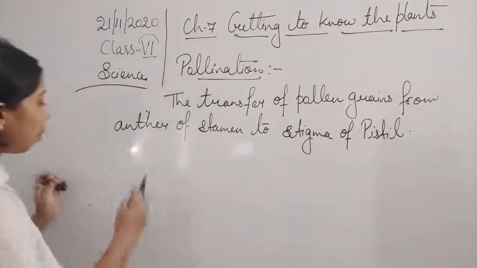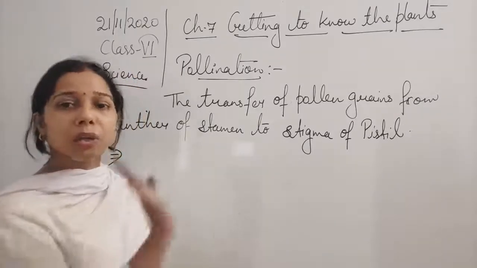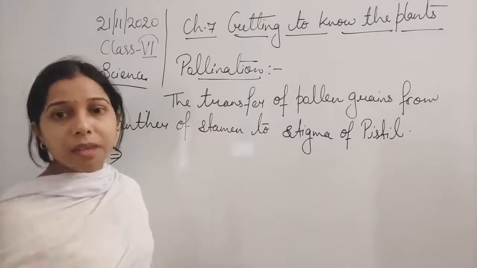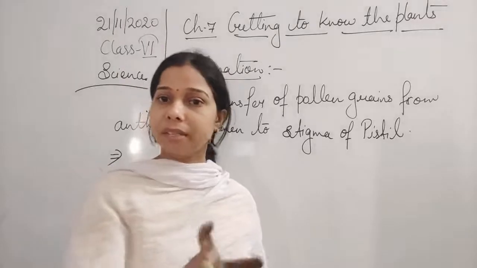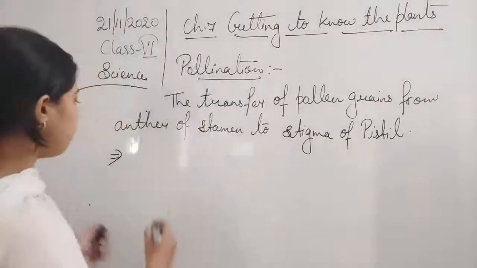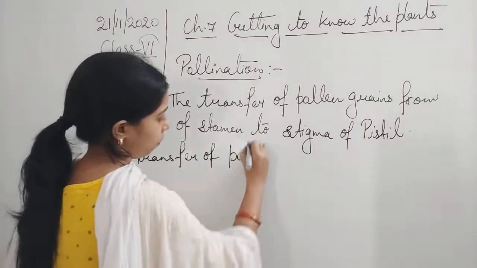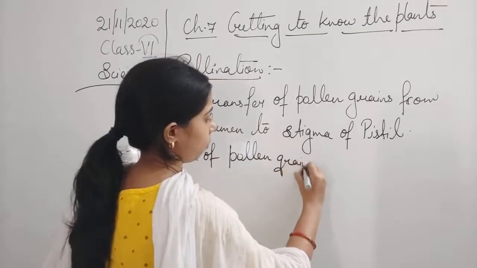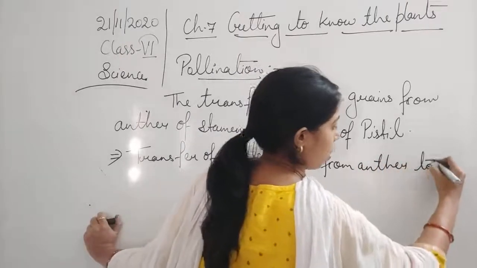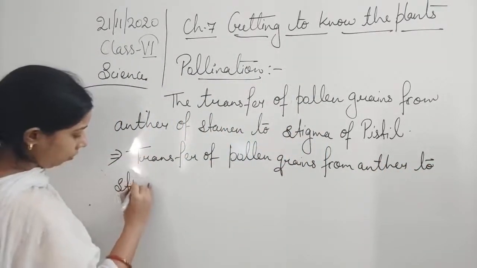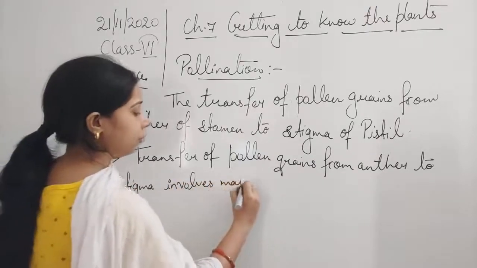Now the question is, we are transferring the pollen grain from the male part to the female part, from the anther to the stigma, but how does this transfer of pollen grain take place? The transfer of pollen grains from anther to stigma involves many mediums.